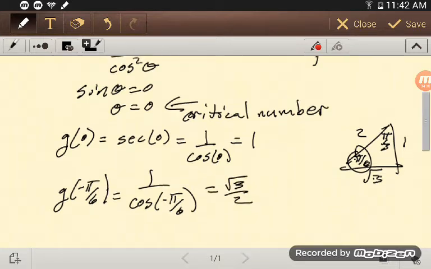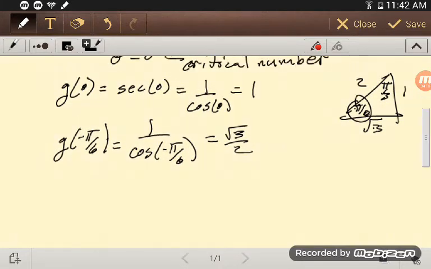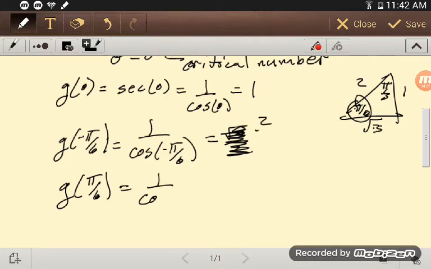So we get that, which is definitely bigger than 1. And then we also want g of pi over 3, which is 1 over the cosine. 1 over the, messed that up, didn't I? Square root of 3 over 2, see, that's 1 over the square root of 3 over 2, so that's 2 over the square root of 3.